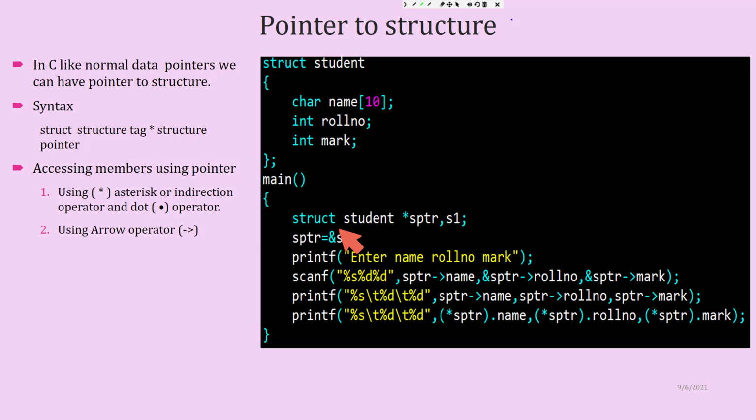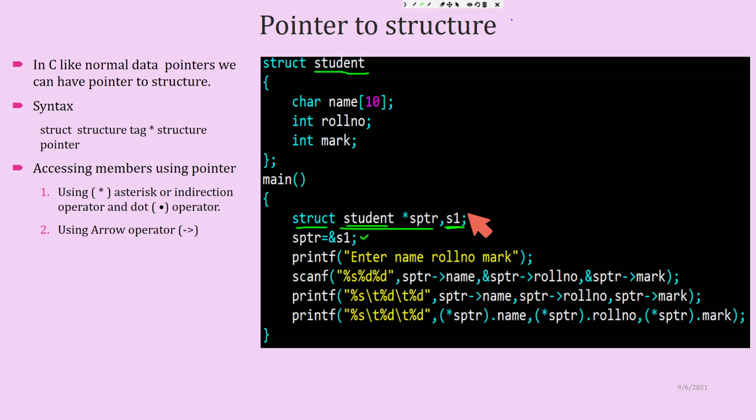First thing, how to declare a structure pointer. Here struct is student. We know how to declare a structure variable: struct student S1. Here S1 is a structure variable. Here SPTR is a pointer variable because there is a star in front of SPTR. In this statement, I am storing the details of only one student.